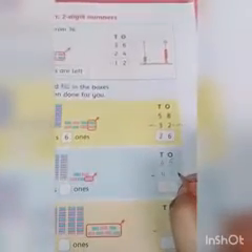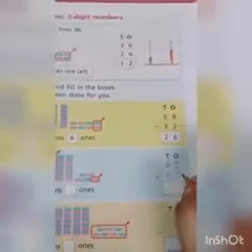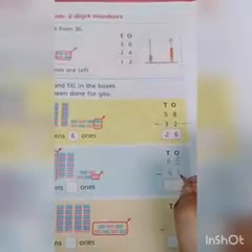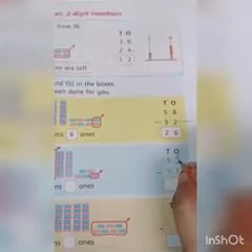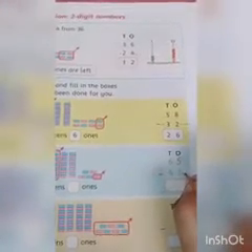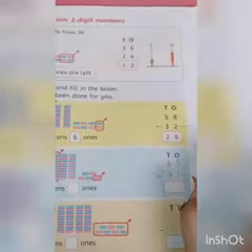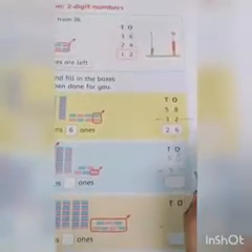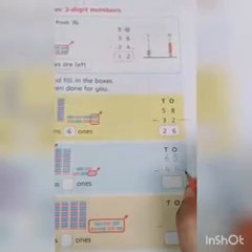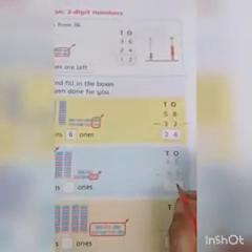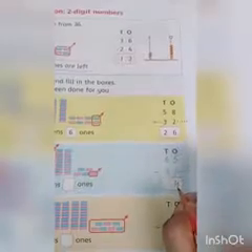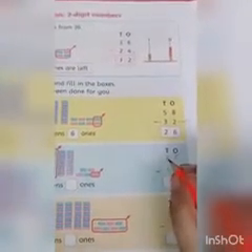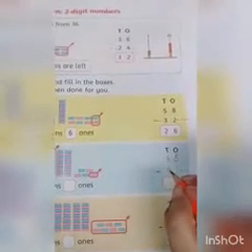Students, we are going to subtract the ones first. 5 is the bigger number and 1 is smaller one. We are going to count towards 1 and reach at the number 5. 1, 2, 3, 4 and 5. Students, we reach at the number 5. Let's count how many dots here we have. 1, 2, 3 and 4. 4 dots. We are going to write 4 here. Then we are going to subtract the tens now. 6 is the bigger number and 4 is the smaller one.